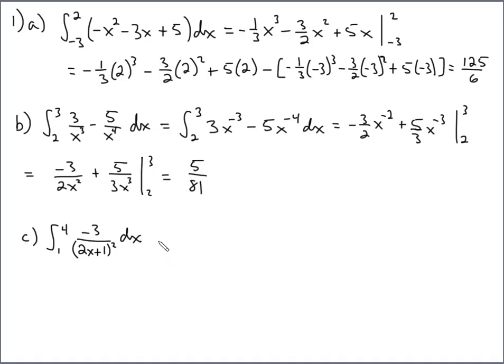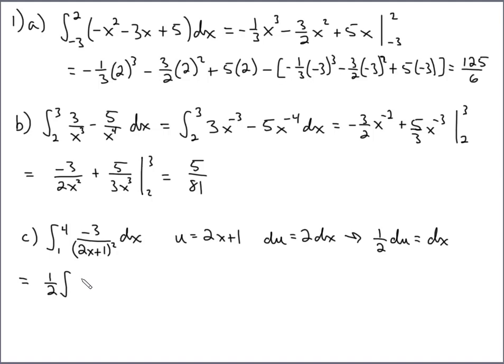For this last one, we're going to do a substitution. We're going to let u be equal to 2x plus 1, so that makes du 2 dx. We've got a negative 3 up there. Let's go ahead and do it this way. We're going to divide by 2 here, so we'll get 1/2 du is equal to dx, so that the integral then becomes, we'll have a 1/2 in front here, so 1/2.